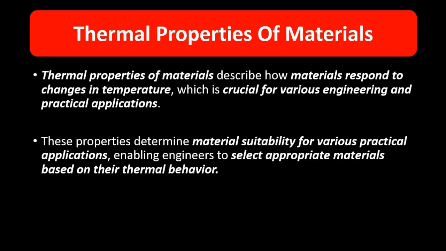Suppose the maximum temperature which the furnace has to be designed for is 1000 degrees Celsius. It is always taken with some safety margin, 200 or 300 degrees plus, so the furnace is designed for 1300 degrees Celsius. So appropriate materials are chosen. This is just one example. There are many examples. This is a basic example of evaluating the thermal property of a material.